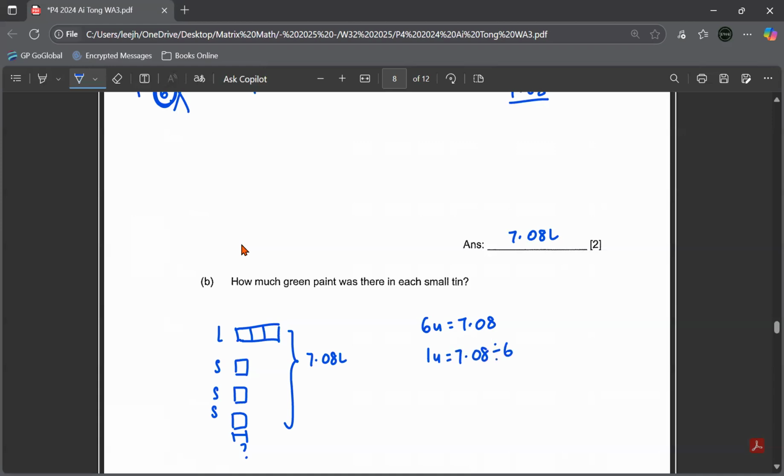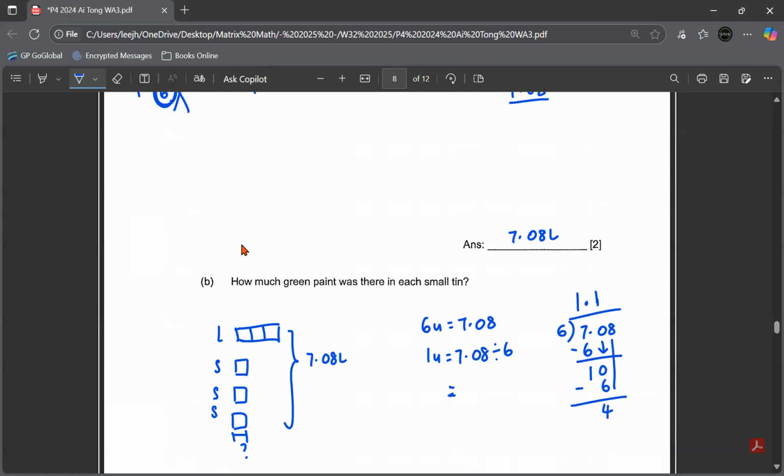7.08 divided by 6. By now, if you know how to do a division, 7.08 divided by 6. So this is 1 minus 6. Bring down the 0. 10 divided by 6 is 1 as well. But before that, decimal point. So minus 6. This is 4.